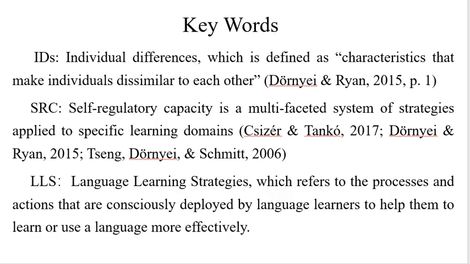We need to understand some keywords, terminology, or linguistic background before we start to read. It may help us to read and understand more effectively and more easily. The first one is IDs, individual differences, which is defined as characteristics that make individuals dissimilar to each other.